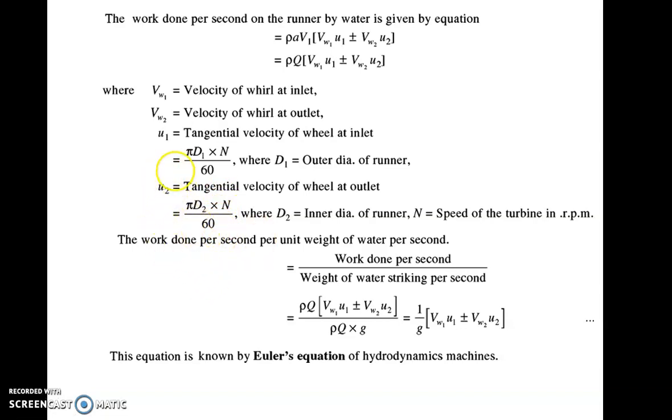The work done per unit weight of water per second is also one of the formulas. In some numericals it is asked, so you have to remember: work done per second upon weight of water striking per second is given by (VW1 U1 plus minus VW2 U2) upon g. In terms of head, it is also called Euler's head, or Euler's equation.